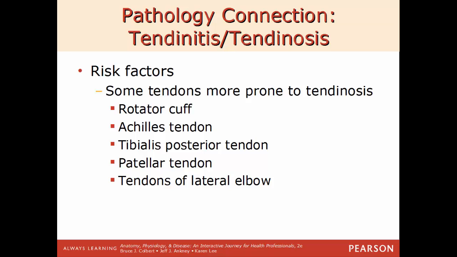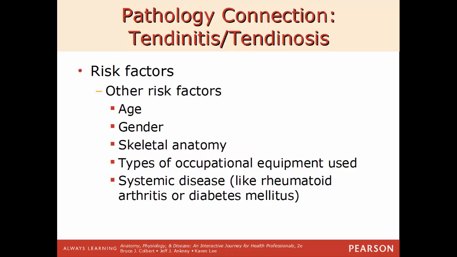So this is a short list of some of the more common locations that'll be more prone to develop tendinitis or tendinosis. Some other risk factors: age, gender, skeletal anatomy, different types of occupational equipment that's used, and any kind of systemic disease like rheumatoid arthritis or diabetes mellitus.